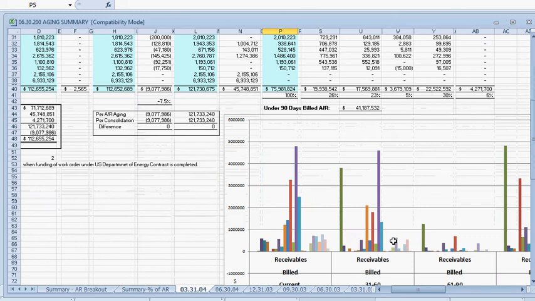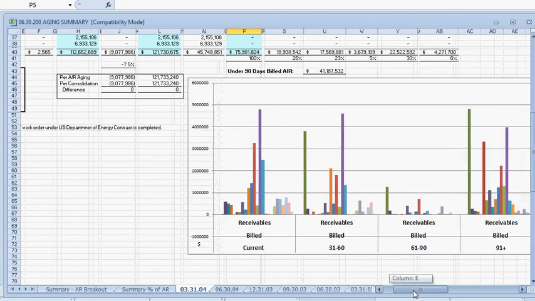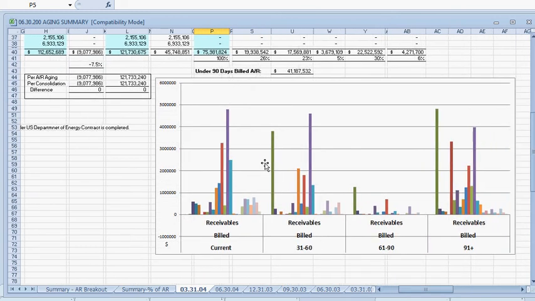Now, when you look at it graphically, you see that receivables and the current, the majority of them are right here, which are around 150 million, and then the receivables billed are really high for a 91 plus, and so that's kind of bad. That is bad because you have a good majority of them, and you have some of them really high for certain clients.